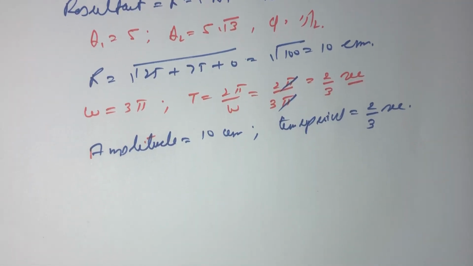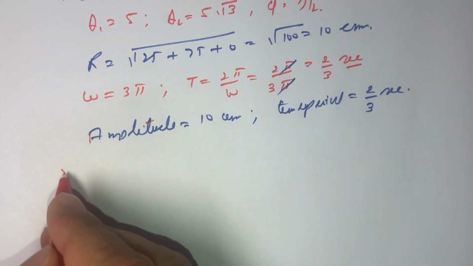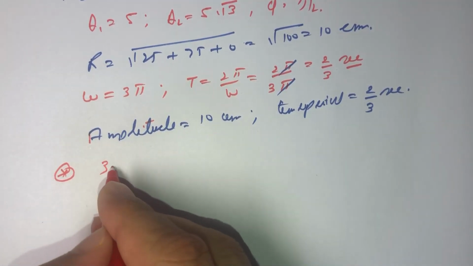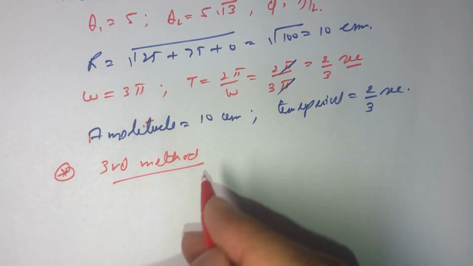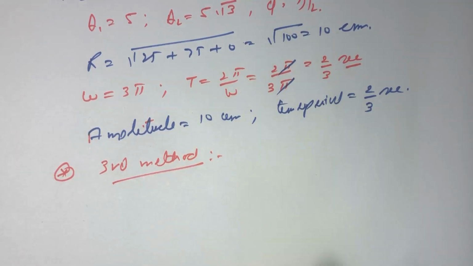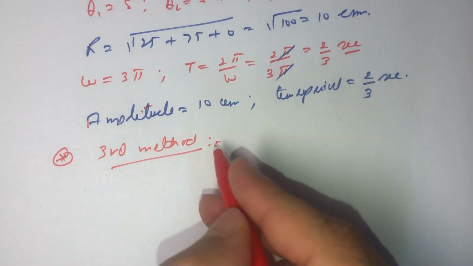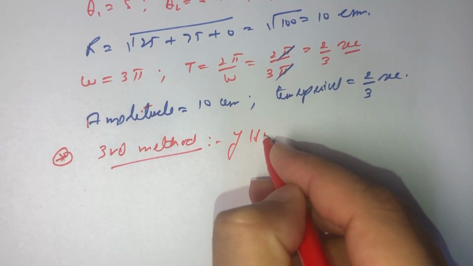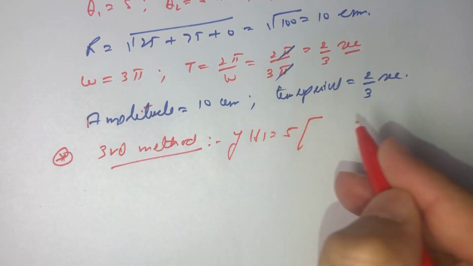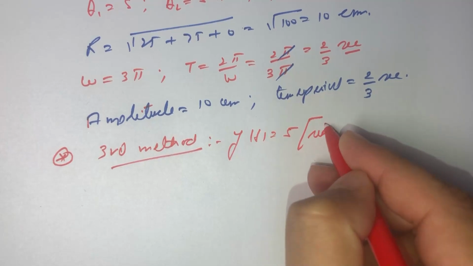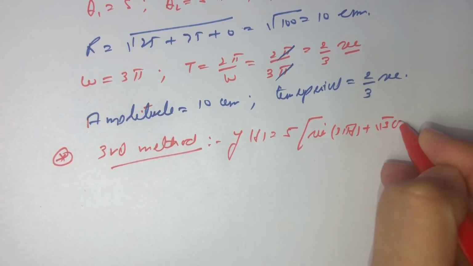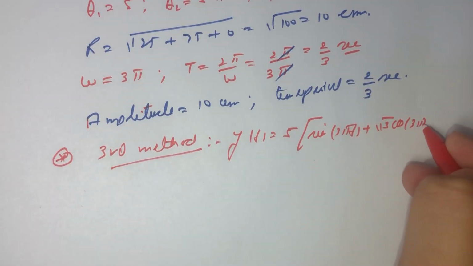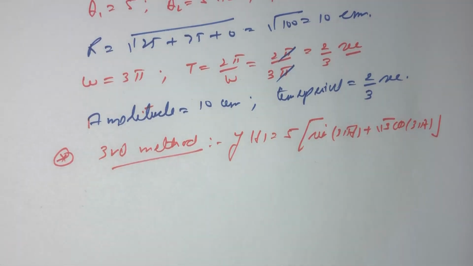And let us try the third method, in which we are going to make use of trigonometric identities. So once again, y(t) = 5 sin 3πt + √3 cos 3πt.